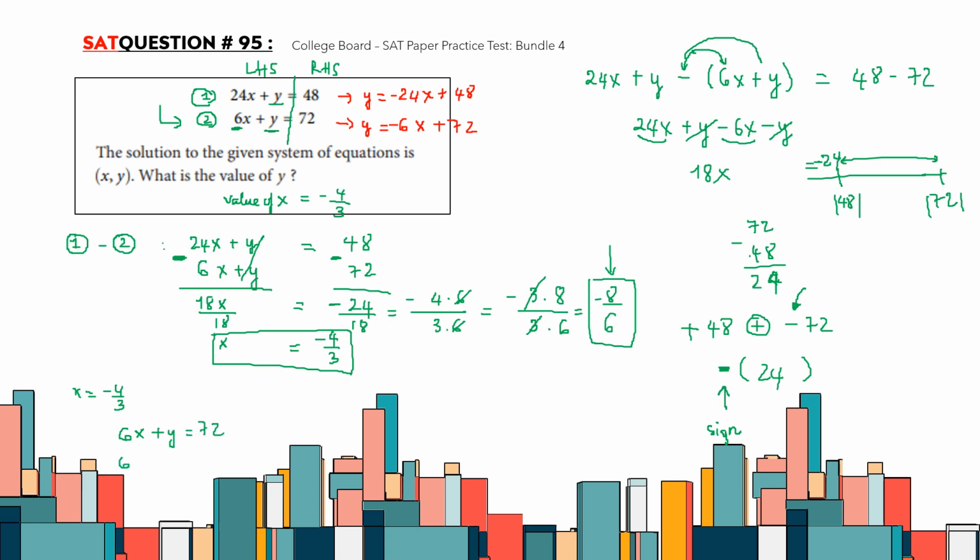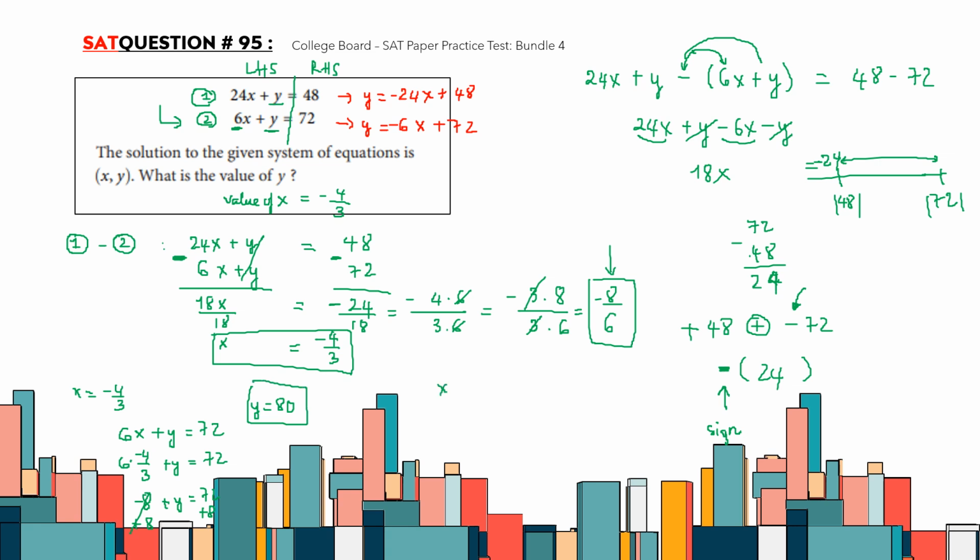X is negative 4 over 3, plus y equals 72. Now 6 divided by 3 is 2. 2 times negative 4 is negative 8, plus y equals 72. Now we add 8 to both sides, and we have y equal 80.